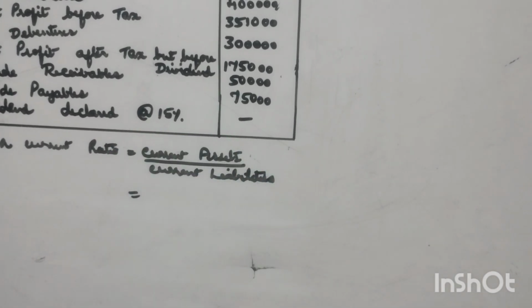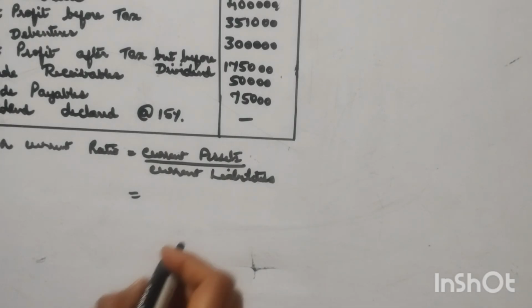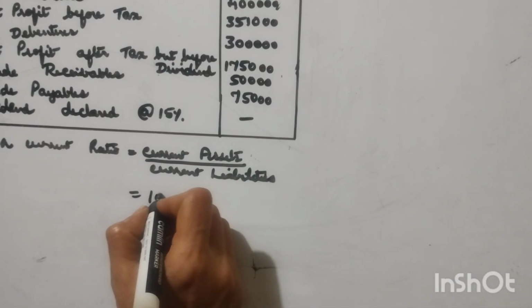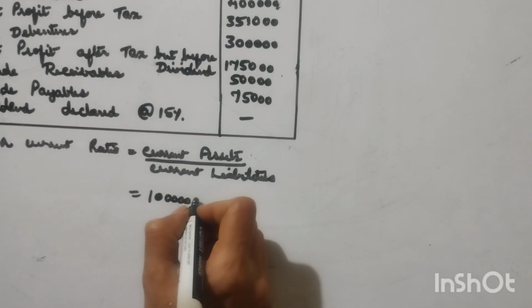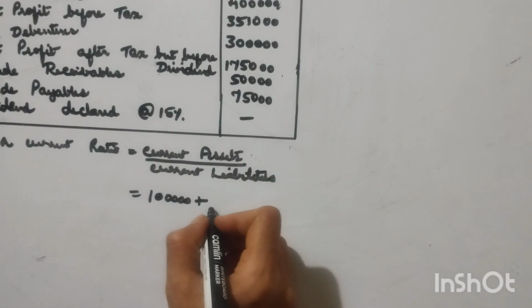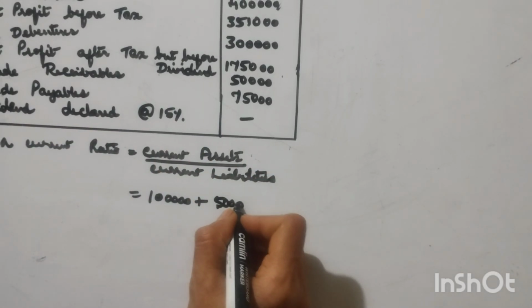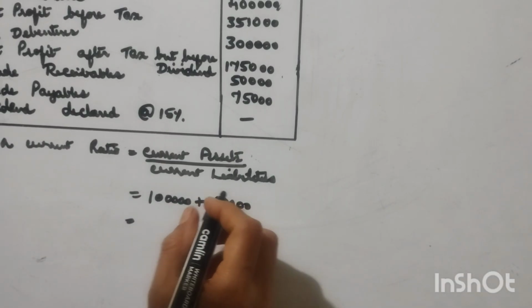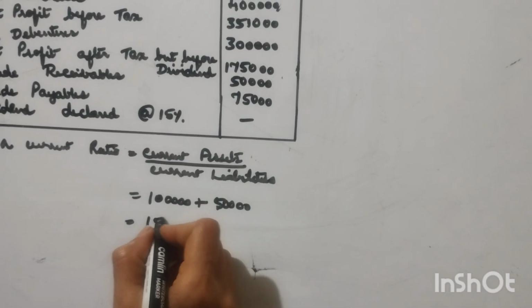Inventory and trade receivables are the current assets. The value of inventory is 1 lakh plus trade receivables 50,000, so that will be 1,50,000.